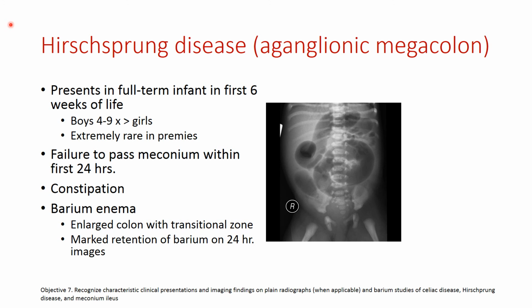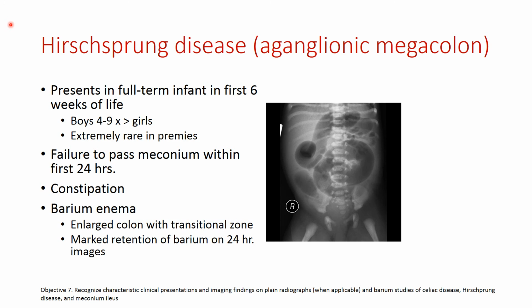But this is a disease that presents in the full-term infant early in life. We say here the first 6 weeks, usually it's within the first week of life. Boys are 4 to 9 times more likely to get this than girls. It seems like boys always get the short end of the stick in gastrointestinal diseases, at least in the pediatric population.